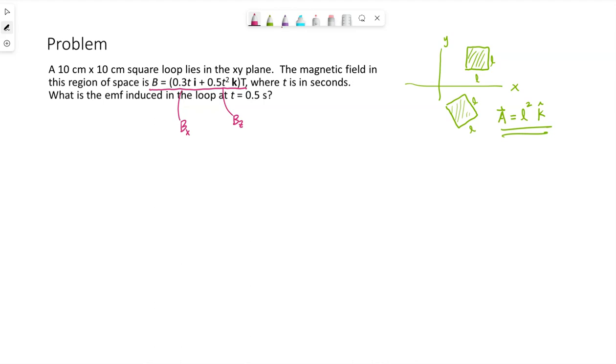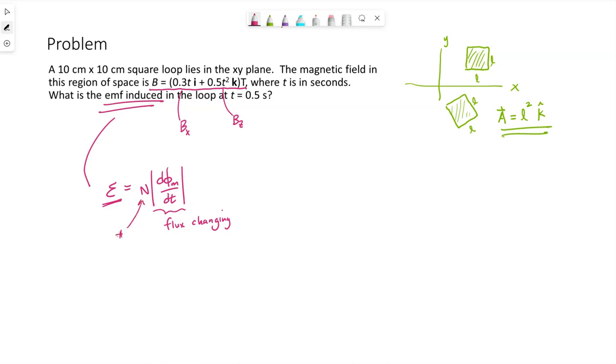The question wants us to figure out the EMF induced. When you see a problem involving induced voltage, induced current, a good rule of thumb is to jump to Faraday's law. Faraday's law is telling us there is an EMF induced when flux is changing with time.